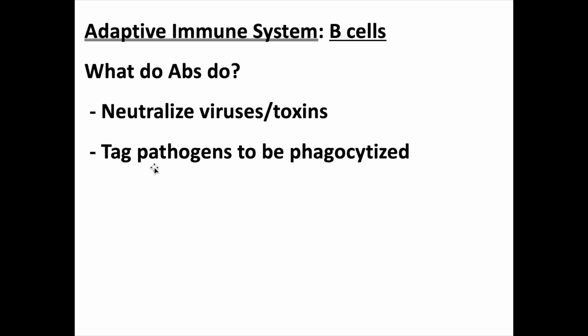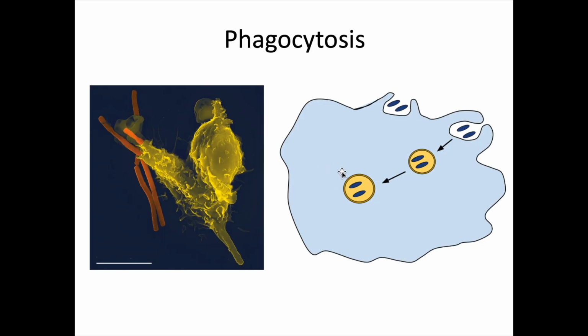Additionally, antibodies can tag pathogens for phagocytosis. So, we talked about phagocytosis earlier. That was an innate immune system thing. But the thing is, these phagocytic cells aren't very smart.